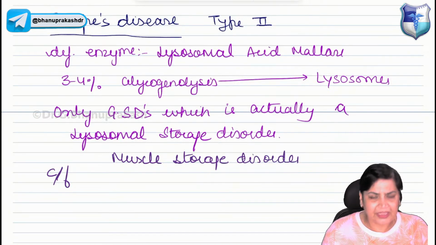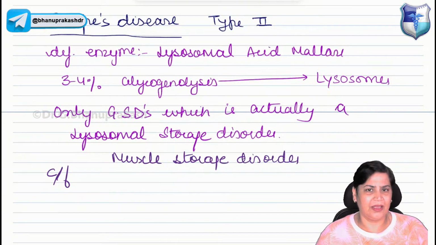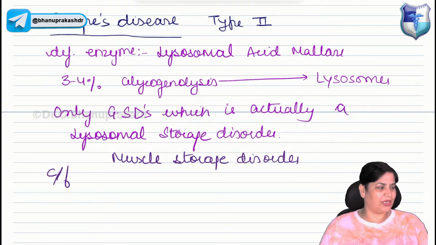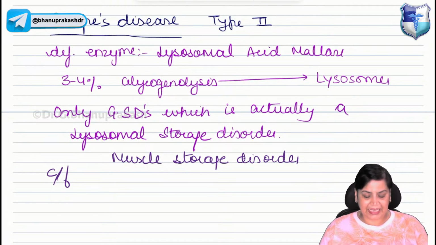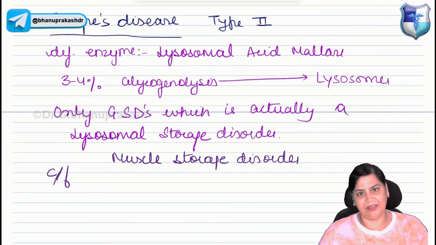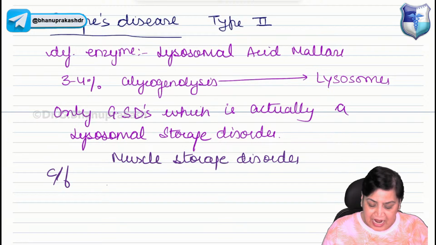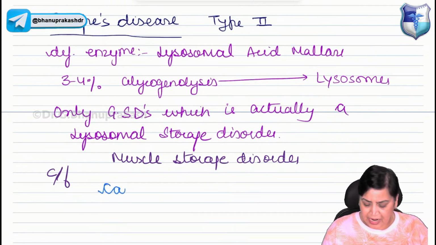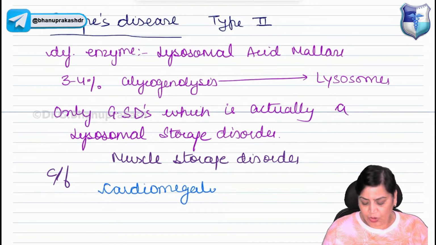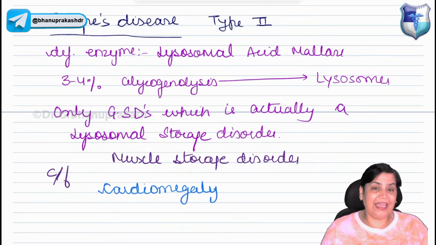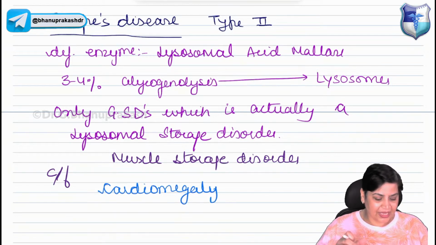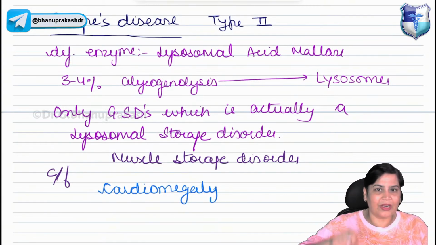Means there will be something wrong with the muscle, right? And the most important muscle affected in Pompe's disease is the cardiac muscle. So there is cardiomegaly. Very, very important. Megaly means enlargement of the heart. The heart is a pumping organ, isn't it?